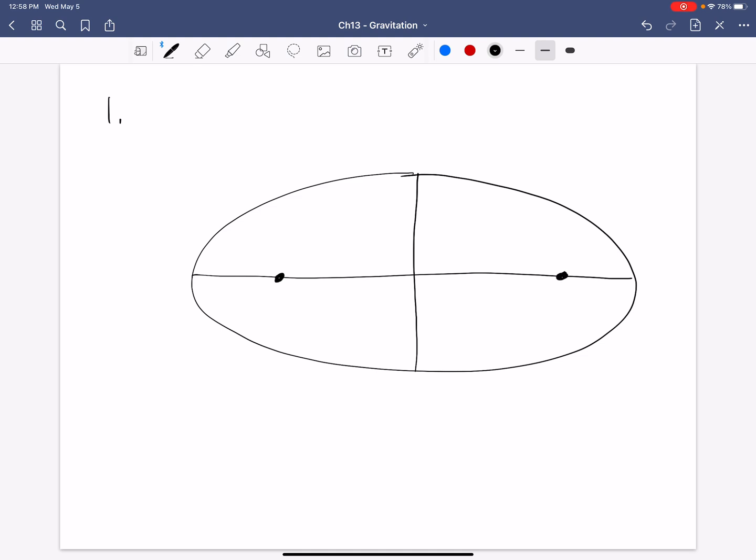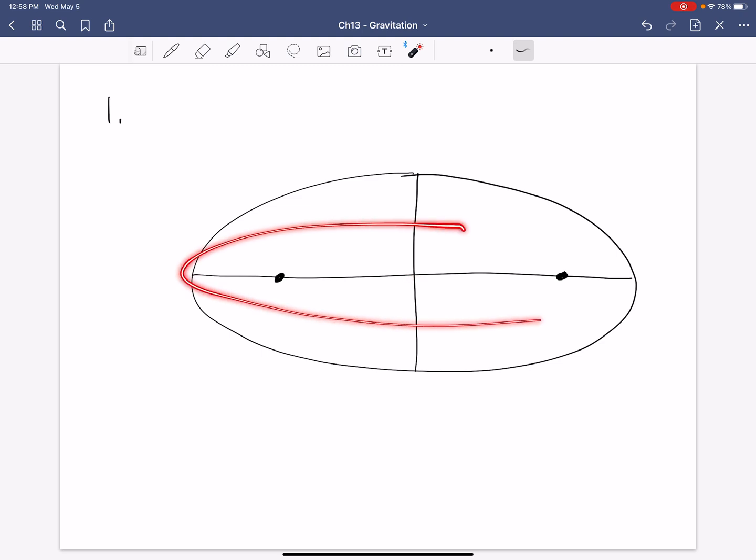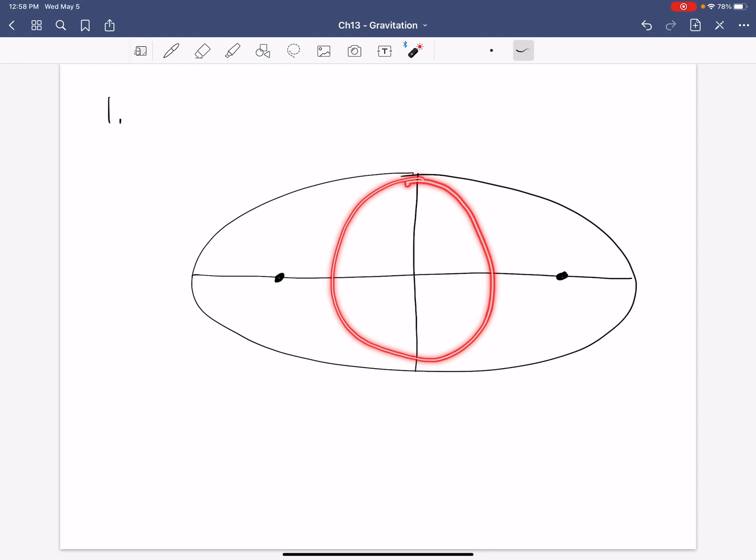The more elliptical it is, the closer these foci, or focus for singular, get to the edge. A circle, by the way, has both foci at the center. The more circular it gets, the closer these foci get to the center.